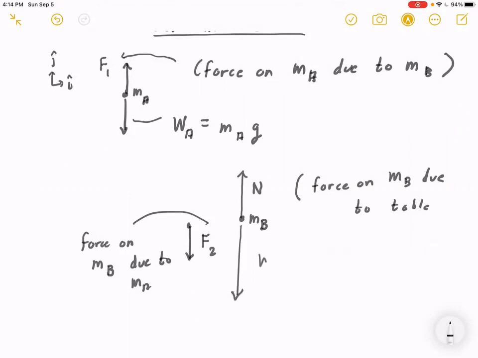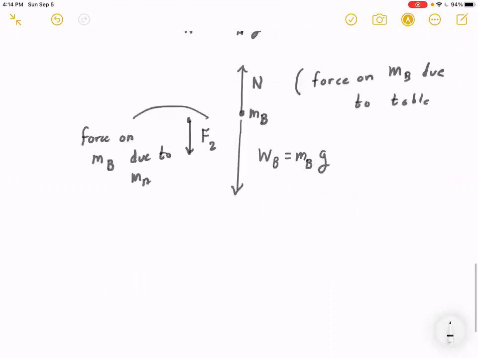That is W sub B, and that's the force acting on M sub B due to gravity. So we have two equations of motion to worry about in this problem because we have two masses. So let's tackle them one at a time.